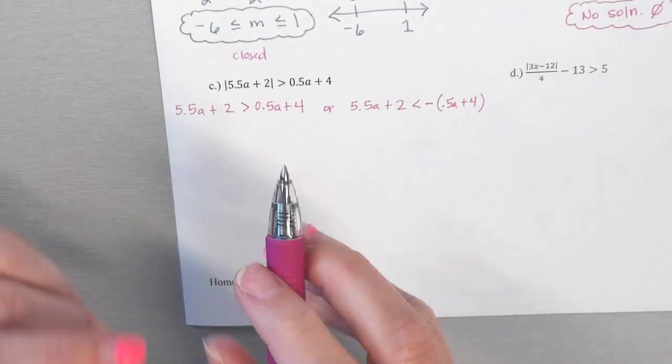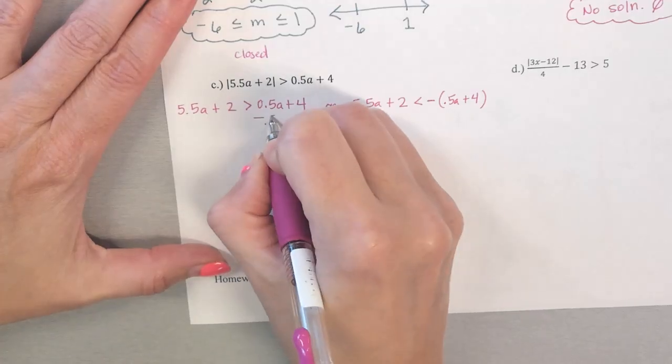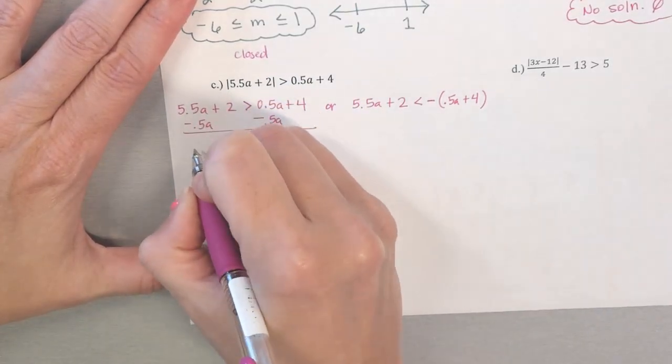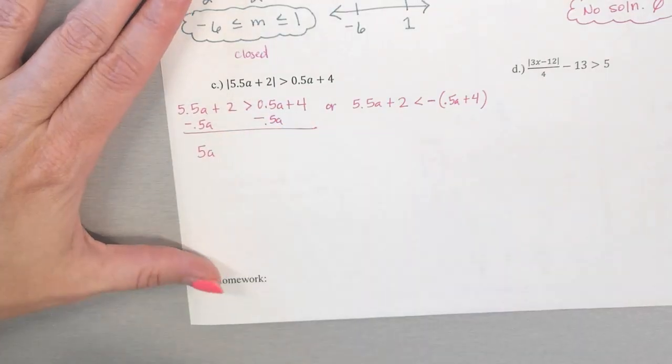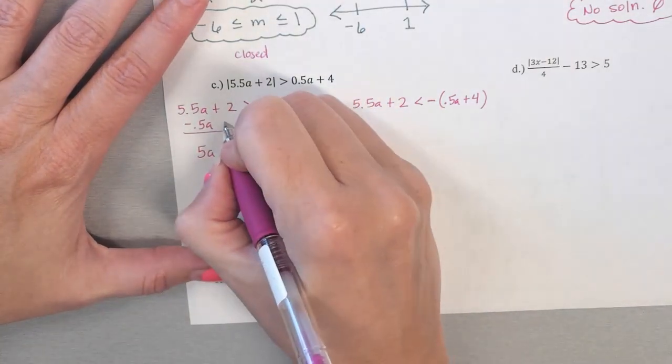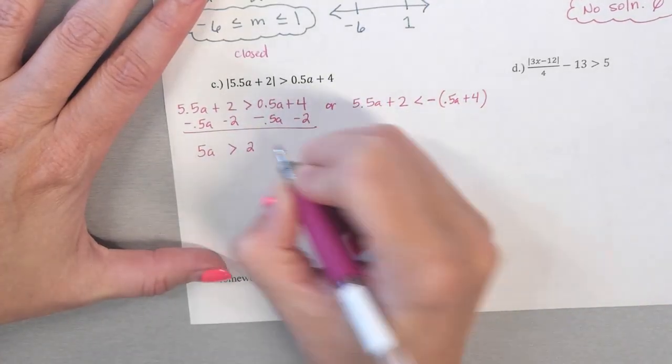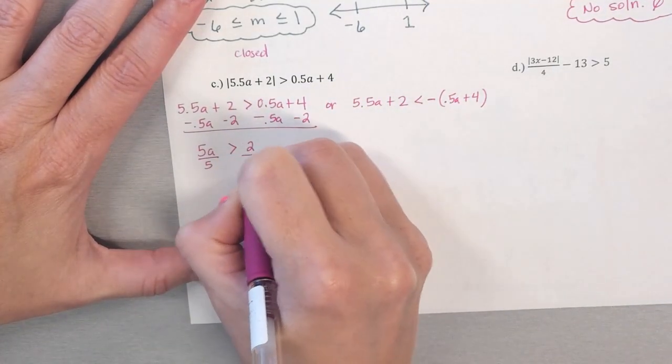So we're getting all of our A values on one side. You would get 5A here. And at the same time, you can get all of the numbers on one side. So you have 5A is greater than 2. Divide both sides by 5.